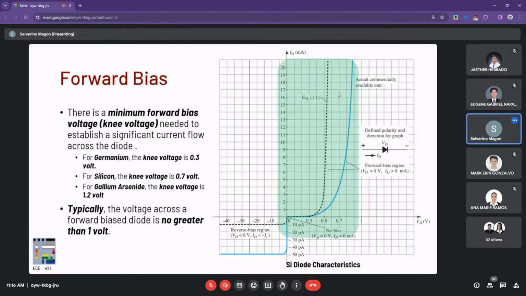Typically for the compound semiconductors like gallium arsenide, we have 1.2. But for most rectifier diode applications, we have germanium and silicon. Most compound semiconductors are used in LEDs, the light emitting diodes, but we will cover more of that in some later discussions.